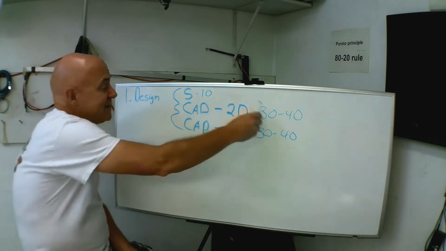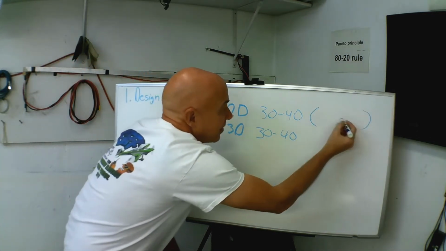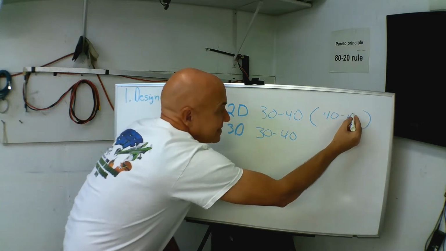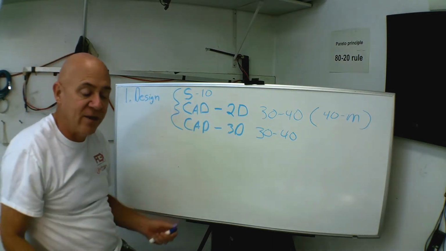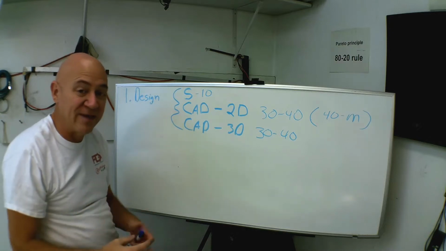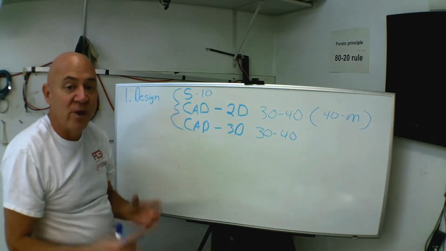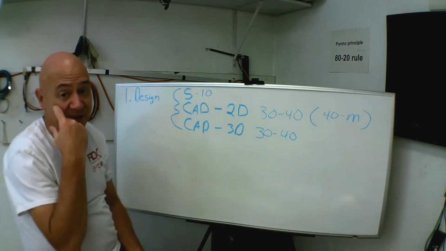So in this design phase of 2D, you might have another 40 hours of, let's put an M there, for math. 40 hours of math, and that's figuring out your square inches, what you think your cube loading is going to be with what you guesstimate the airplane is going to weigh. So you've done all of this before you've cut your first part. It still all falls under number one, design.